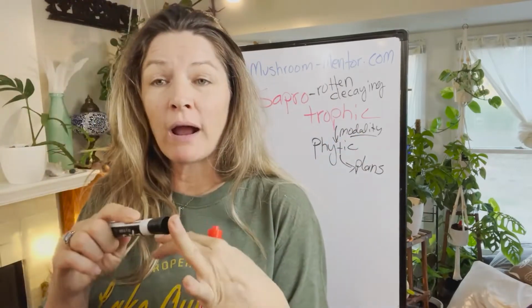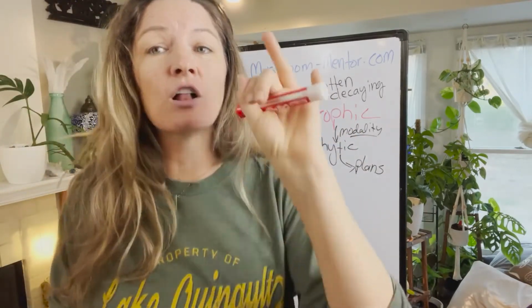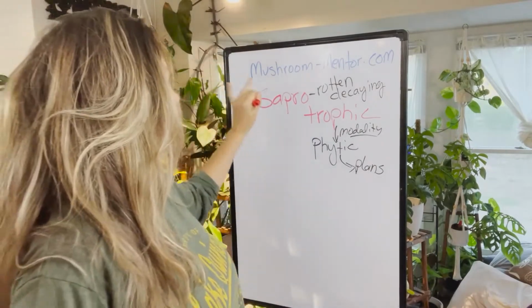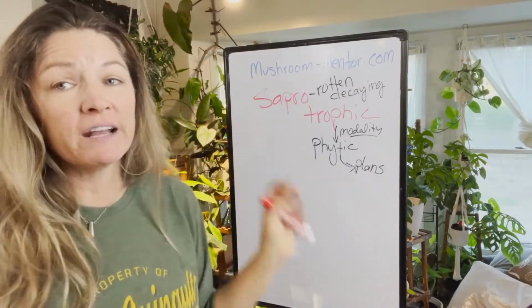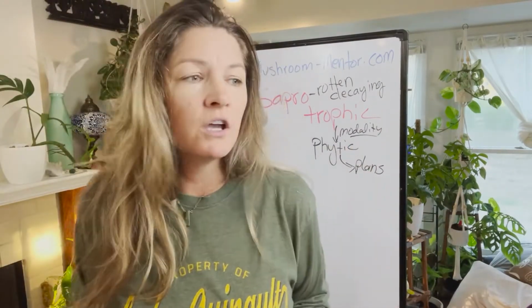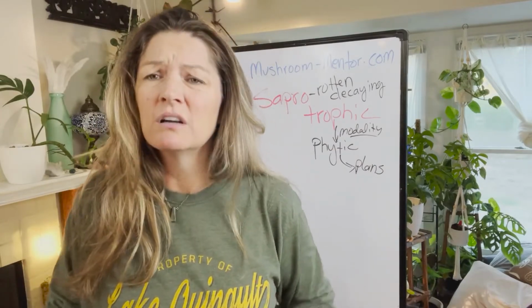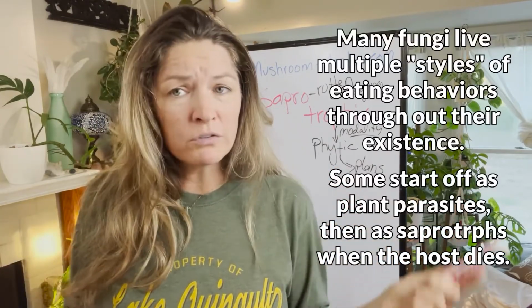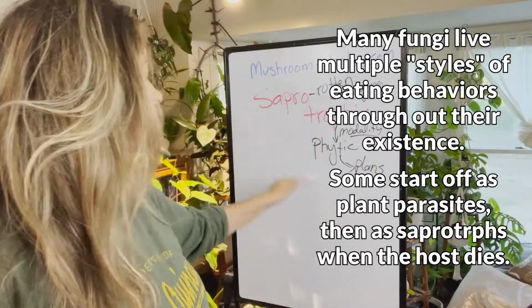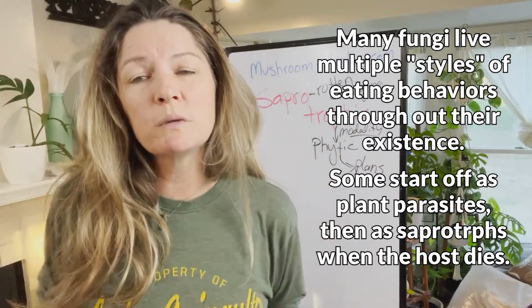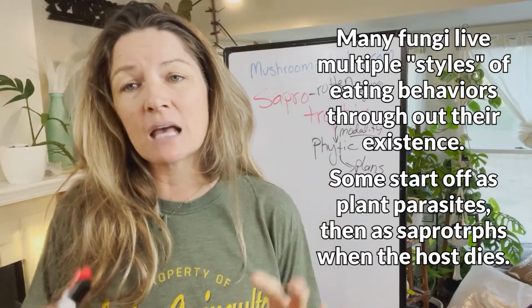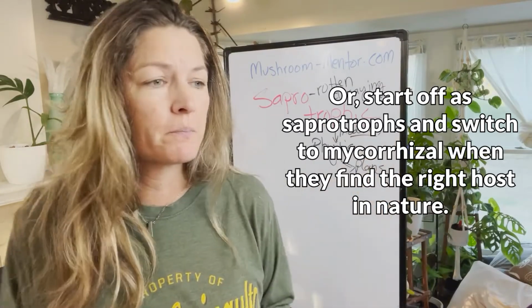Those that are mycorrhizal also live a saprotrophic and saprophytic point of their life. So pretty much most fungi do this modality of consuming nutrients from their environment at some point in their existence.